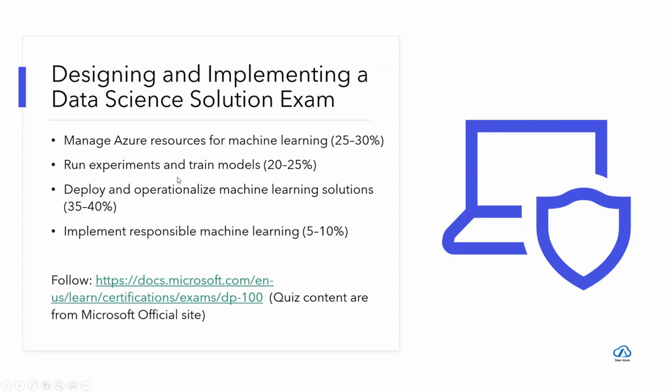We need to run experiments and train models. We need to deploy and operationalize machine learning solutions, which is 35 to 40% of the marks, and implement responsible machine learning models. So these four are the overall criteria, and we will also take a look at some sample questions, which are taken from the Microsoft official site.